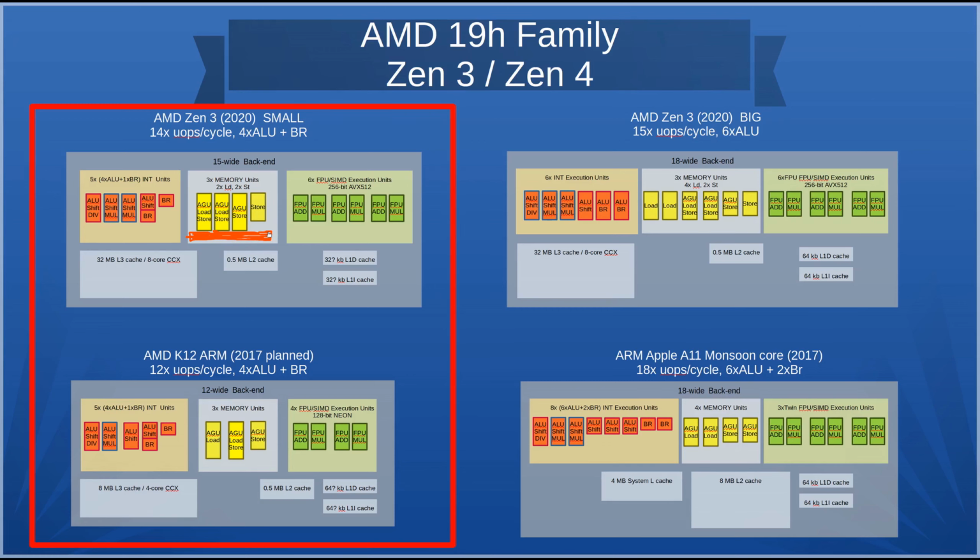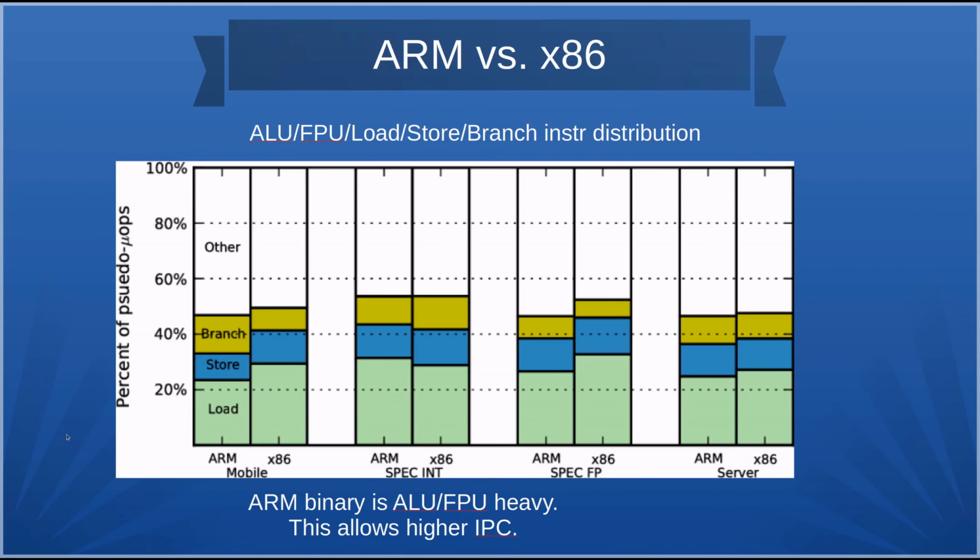So we will take a look at what we can expect from the Zen 3. But to understand how many units for the memory we need, we need to take a look at the distribution of the instructions in the typical code. And to do that, we need to look at this picture.